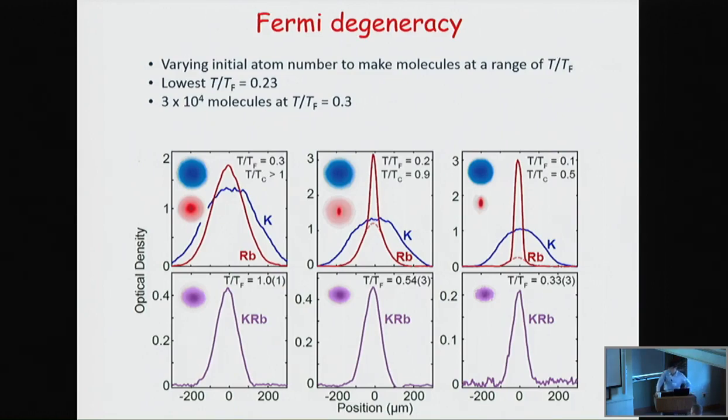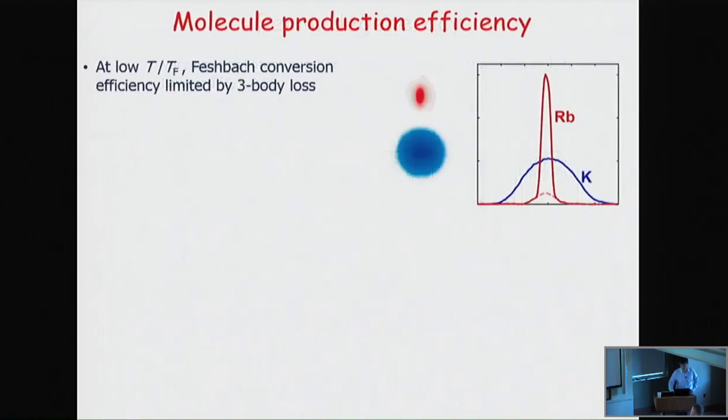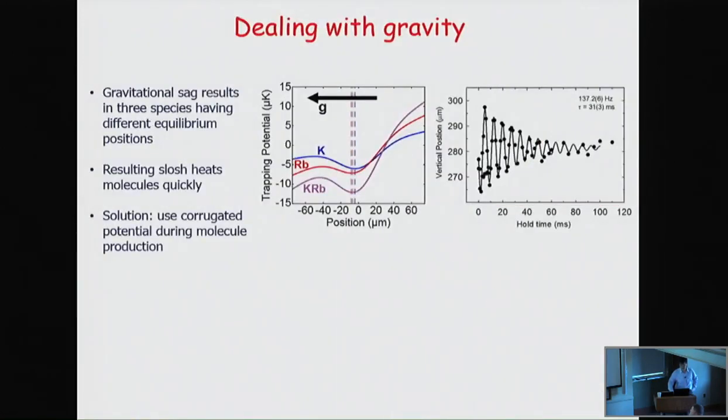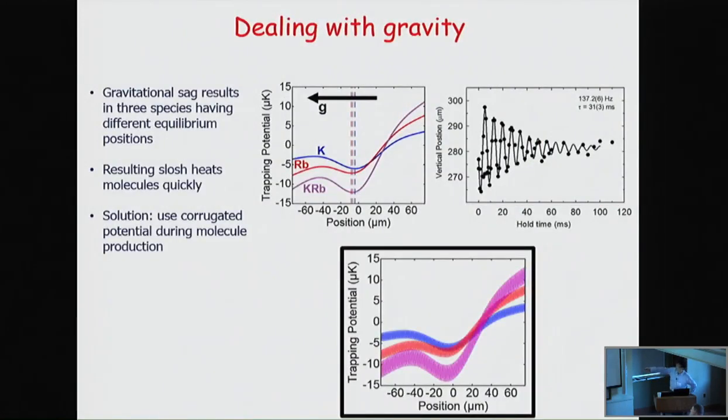So we convert, for example, this part of the rubidium into the KRb, and then we remove all the potassium atoms. Looking at the KRb and the rubidium trap, rubidium is initially distributed here, potassium is distributed much wider because it's a Fermi sea.